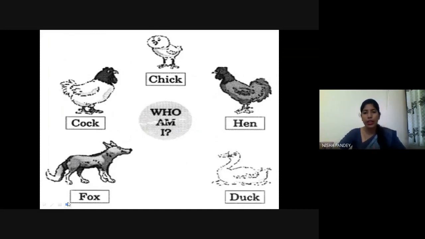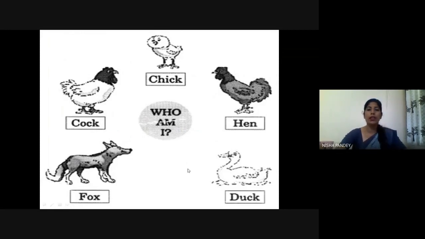So all these animals which are reared around our neighborhood, or which we can find at home, are domestic animals, right? And the animals which live in the jungle and eat flesh, they feed on other animals in the jungle. They are known as wild animals and they are dangerous for us, right?